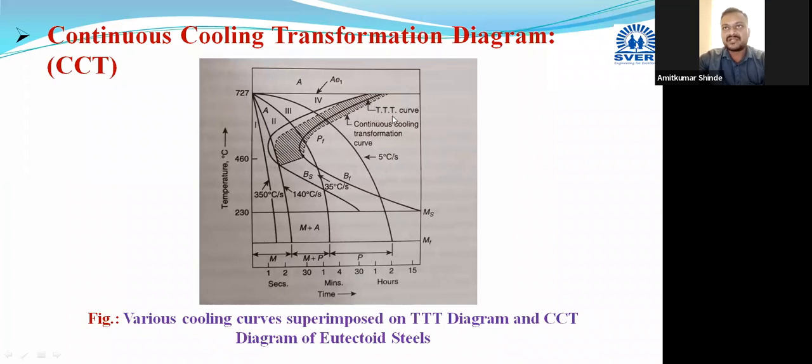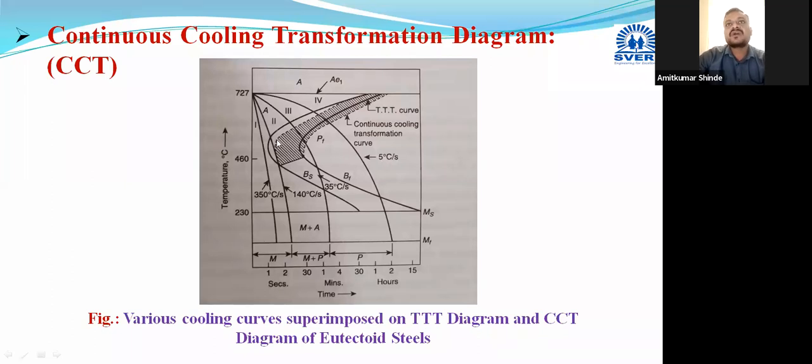If you compare the TTT diagram with the CCT diagram, the continuous cooling transformation curve, indicated by this dotted line, shifts towards the right side and a little towards the lower side also.